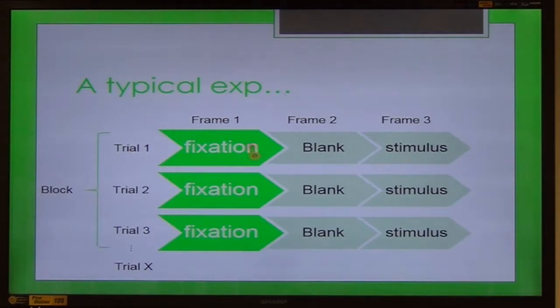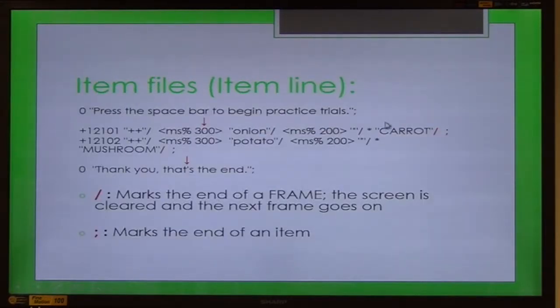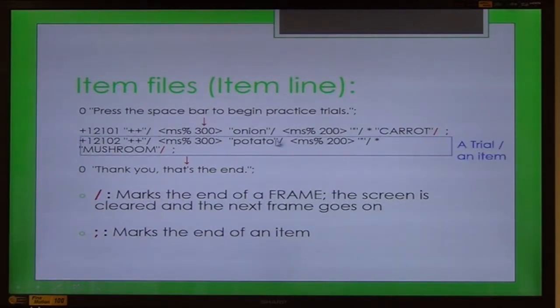Between these frames, you want a slash to separate them. So for example, here you see a slash. So this one is a frame that presents double plus. And then this one is another frame that presents a red onion, like here. So you use the slash to separate your frames.